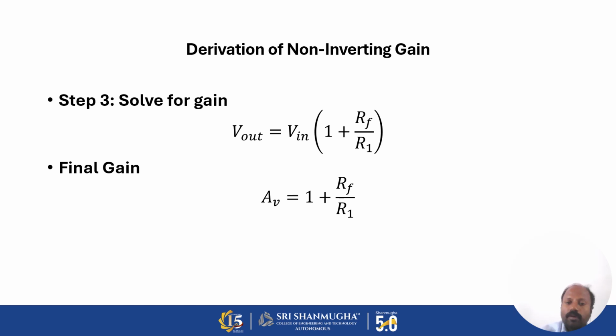Solving the previous equation, the output voltage V out equals V in into 1 plus RF by R1. So our final gain equation is: gain is 1 plus RF by R1, because output voltage equals gain into input voltage. Apart from the input voltage, the remaining thing is the gain. So what is the voltage gain? 1 plus RF by R1.